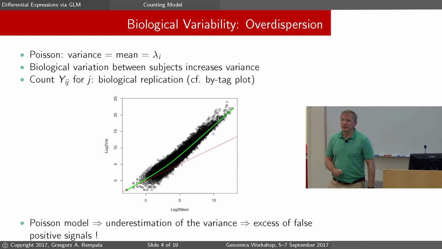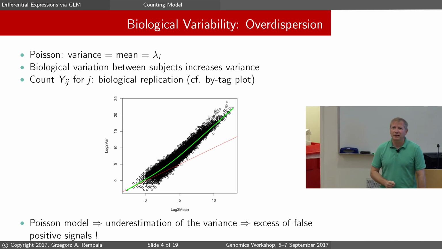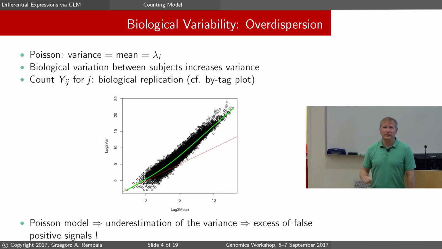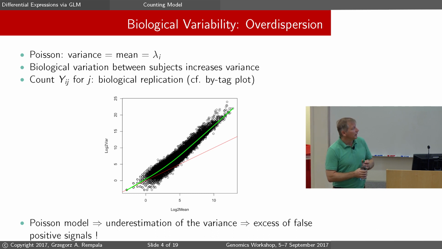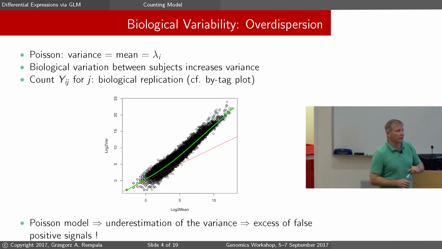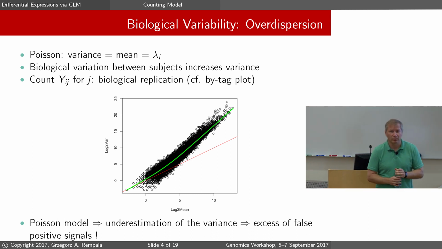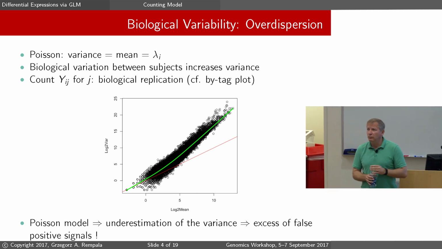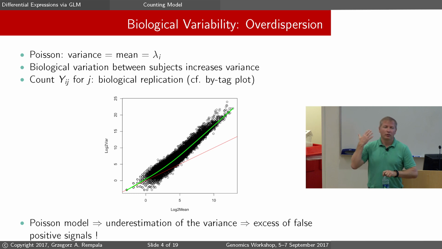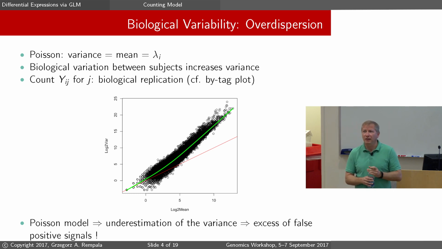If I underestimate the variance, that potentially means I would be calling lots of different things differentially expressed when they are not. This is the notion of false positives. If I assume that I have a Poisson model, and hopefully by the end of this lecture I will be able to show you an example, I would most of the time end up with a horrific number of genes that my statistical method would call differentially expressed but that are in fact not.